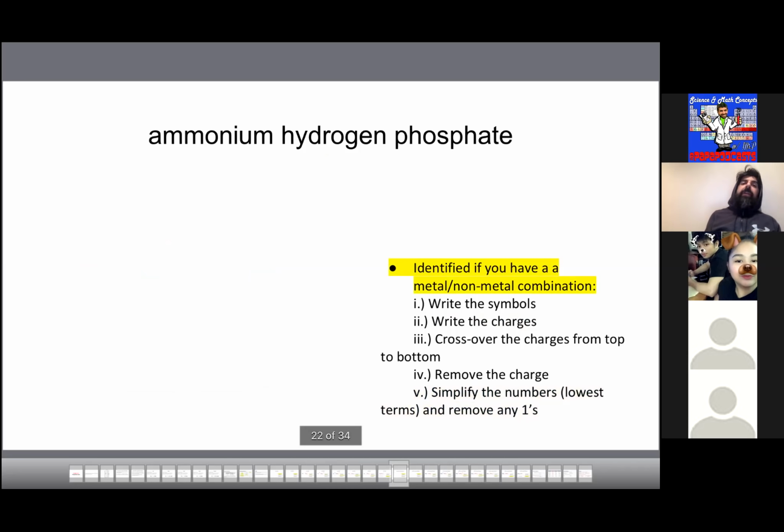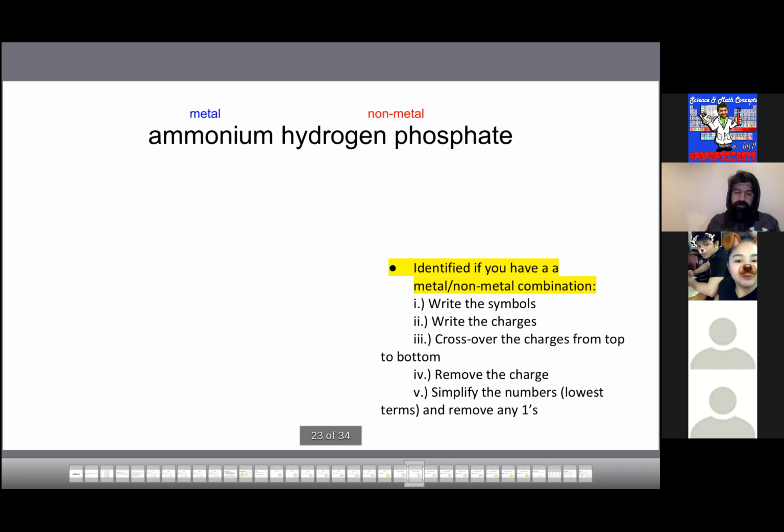Here's another one, ammonium hydrogen phosphate. So identify metal, non-metal. Here's the trick, though, make note: ammonium is the metal. It's one of the polyatomics, by the way. So if you're looking at ammonium, understand ammonium is one of the polyatomics on my list of polyatomics.